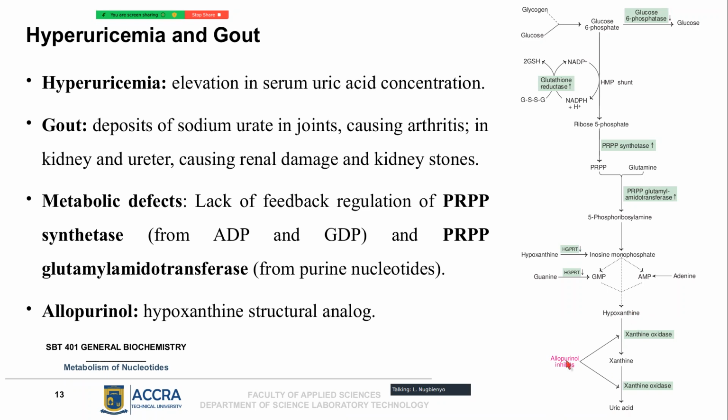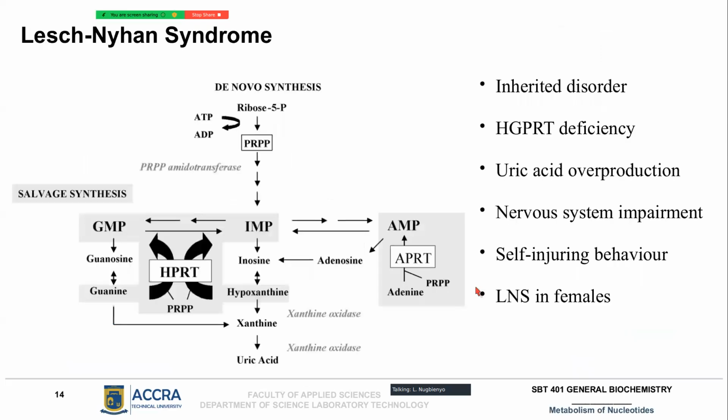As it inhibits this enzyme, it reduces the amount of uric acid produced in the system, and thus reduces the formation of salts of uric acid, which can get deposited in the joints to form the condition gout, or the elevation of uric acid in serum and in urine, which causes hyperuricemia. So allopurinol can be used to manage such a condition as an inhibitor of xanthine oxidase.